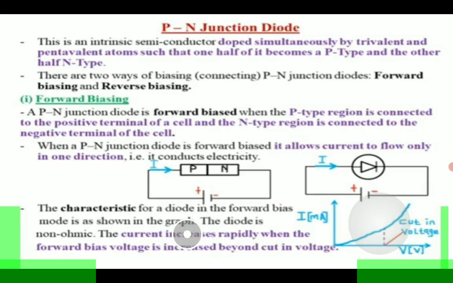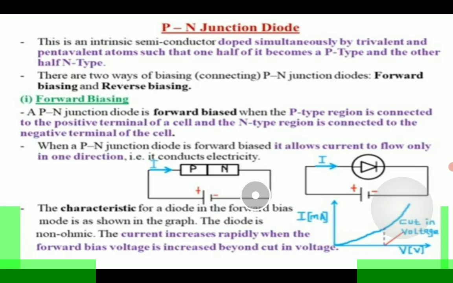So here there is a lack of that proportionality. It is some kind of curve, which means that the PN junction diode is not an ohmic conductor. It's a non-ohmic conductor.